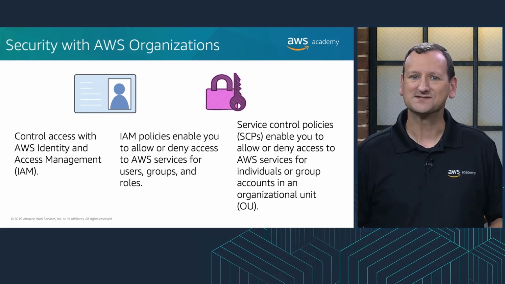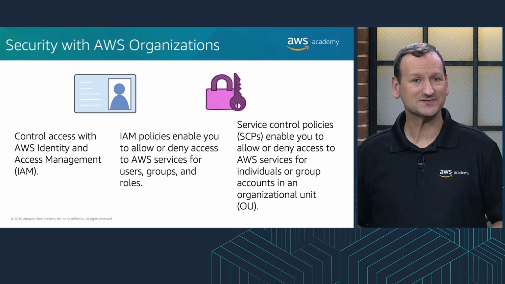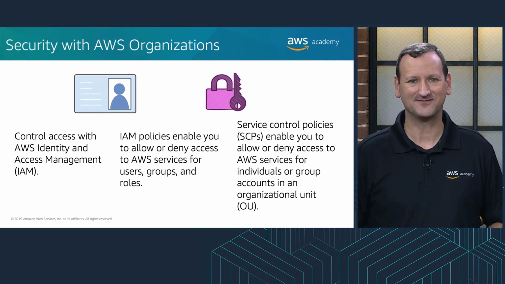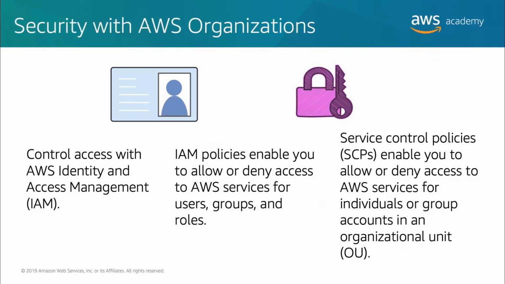An IAM policy can be applied only to IAM users, groups, or roles, and it cannot restrict the AWS account itself. In contrast, with Organizations, you use service control policies to allow or deny access to particular AWS services for AWS accounts directly or as a group of accounts in a branch. The specified actions from an attached service control policy affect the entire account, including all IAM users, groups, and roles for the account. It also includes the AWS account root user.